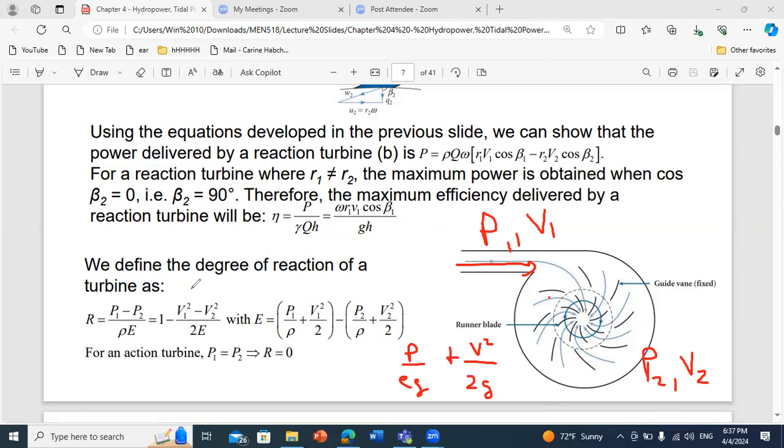So we can define the degree of reaction of a turbine as the percentage of the energy extracted. So let us say I am extracting a certain energy E from my turbine. And I want to see what is the proportion of energy that I can get from pressure variation.